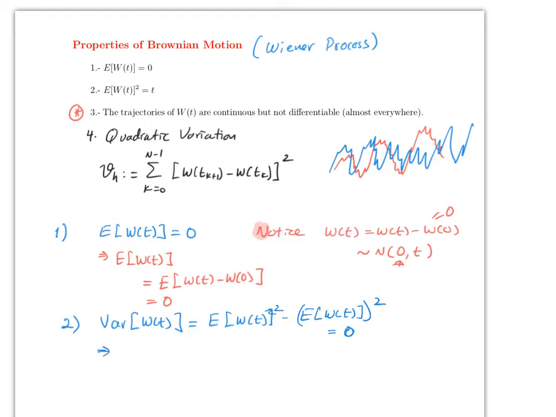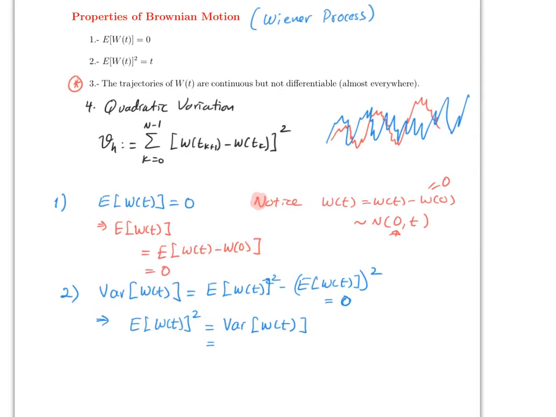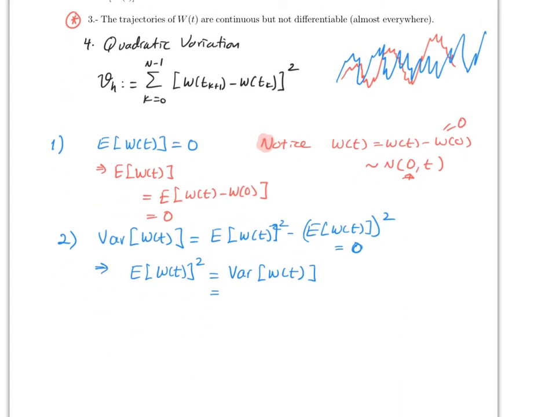So therefore that implies that the expected value of Wt squared is the same thing as just the variance of Wt. But since Wt is a normal distribution with mean 0 and variance t, therefore that means the expected value of Wt squared is just equal to t.